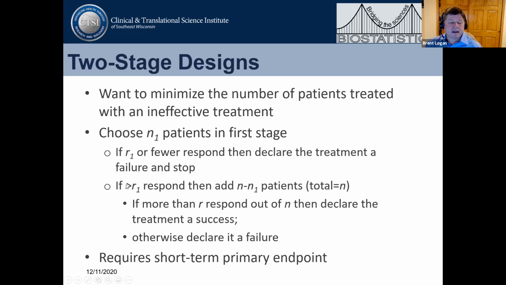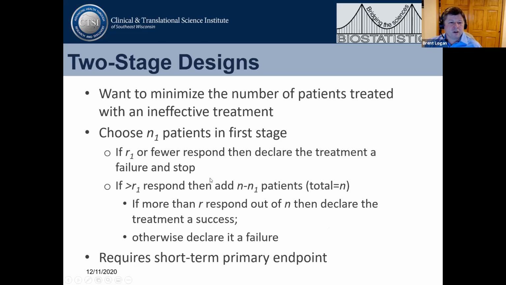If you do meet that benchmark of more than R1 successes in the N1 patients, then you continue enrolling another N minus N1 patients for a total of N. And then at the end, you have a criterion for declaring the treatment promising or potentially successful or not, based on more than R out of N successes.